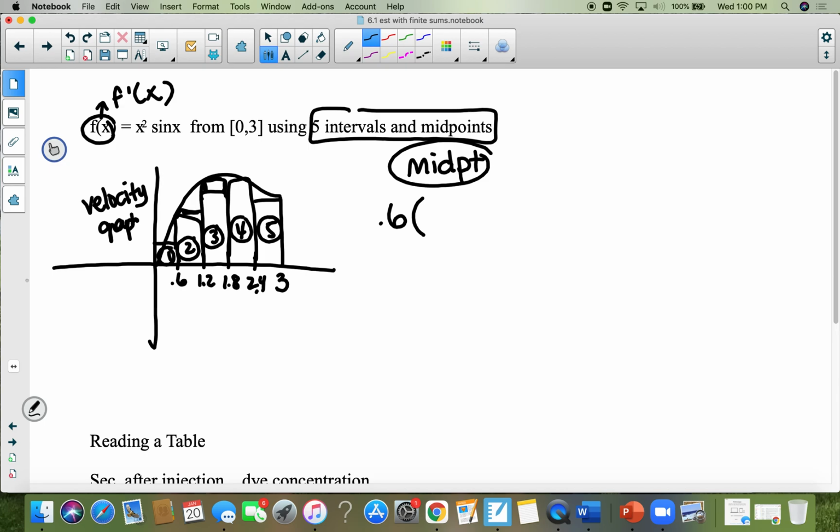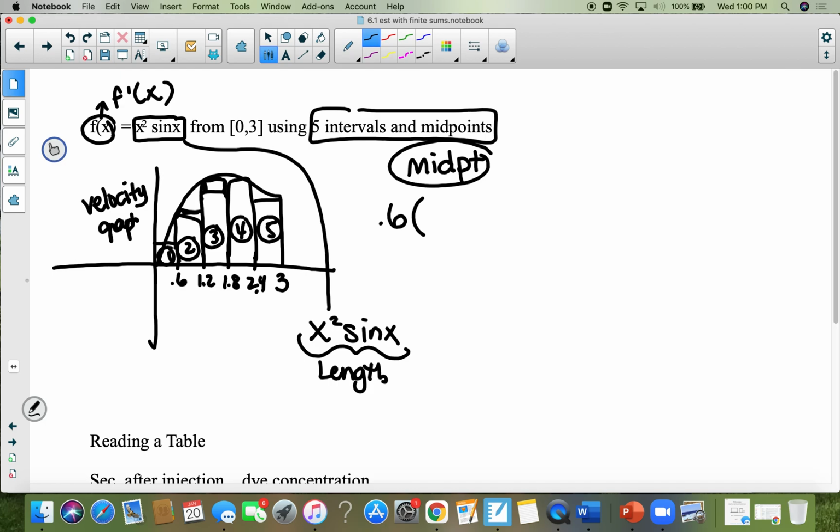As you can see, the lengths differ. This is now the length formula. It used to be t squared. This is now the new length formula. Sometimes it makes a very big rectangle, sometimes a smaller rectangle, but this dictates the length, and they want you to use a midpoint.